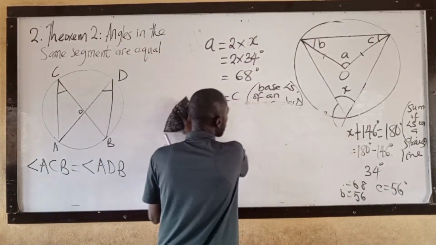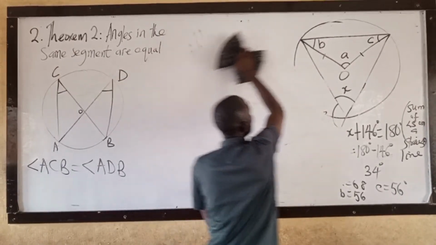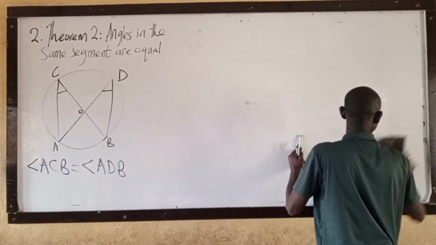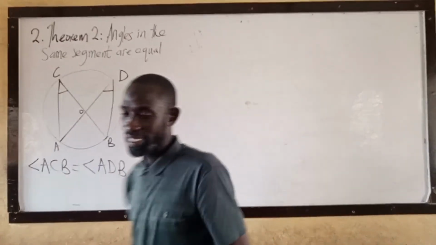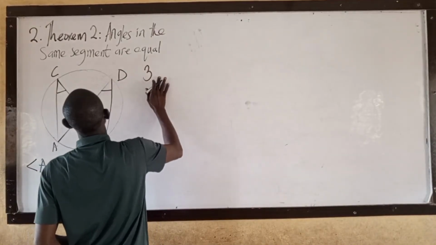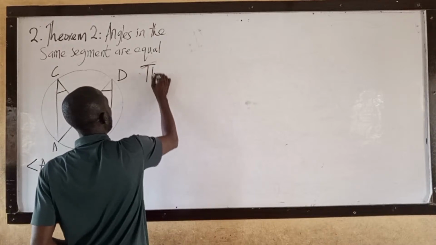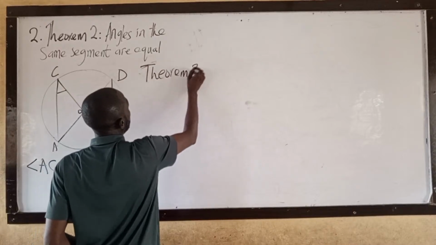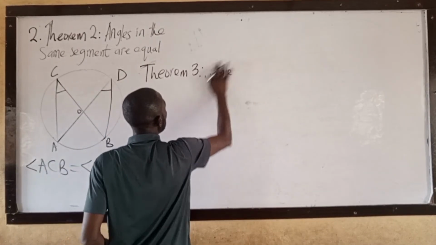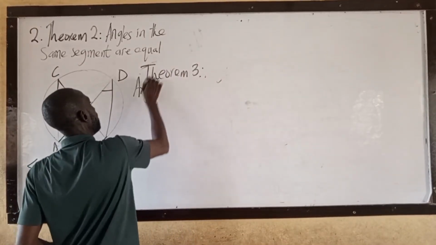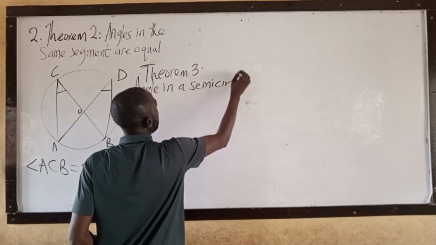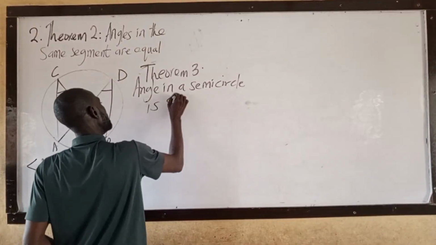Angle in a semicircle is 90 degrees. So we have this. Angle in a semicircle is 90 degrees.